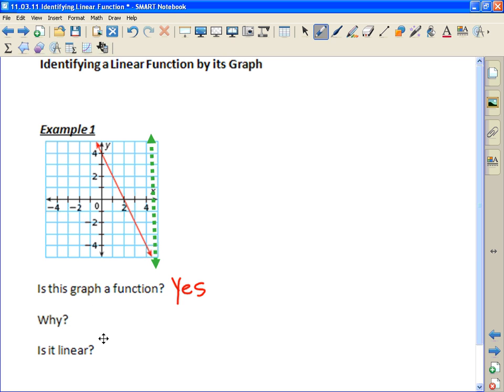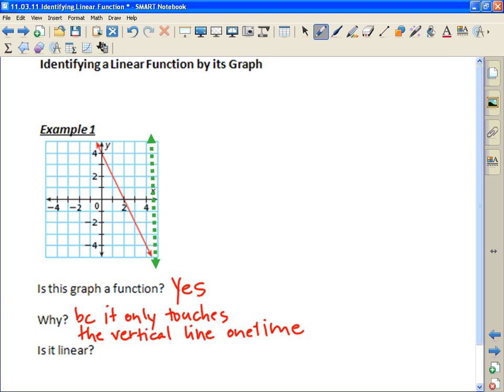The reason is because it only touches the vertical line one time. And is it linear? Well, yeah, it makes a line, so yes, it's linear.